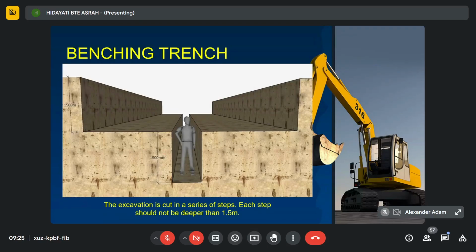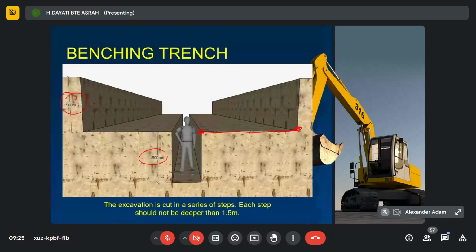If a person stands in the trench, the depth should not be more than his chest. So the depth of the excavation is 1.5 meters. The first stage here, the second stage also, is up to 1.5 meters. It should also be set back enough, this horizontal distance you can see here.